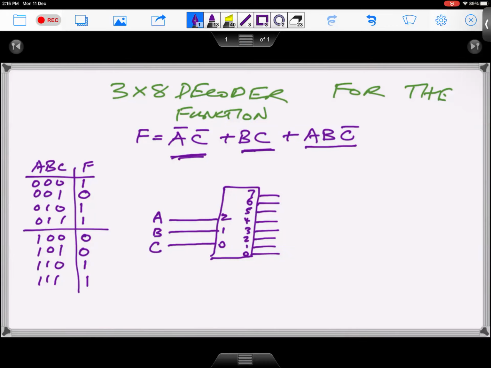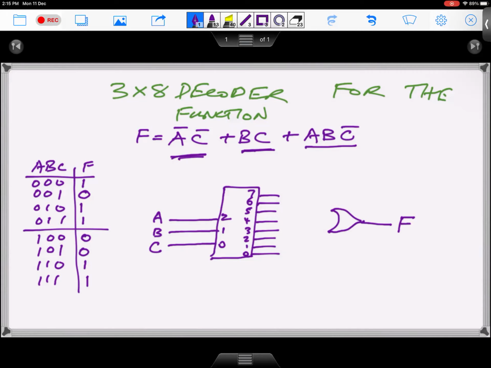Then finally, we have to connect the 1s to an OR gate. Make sure you put the F. You have to label everything.